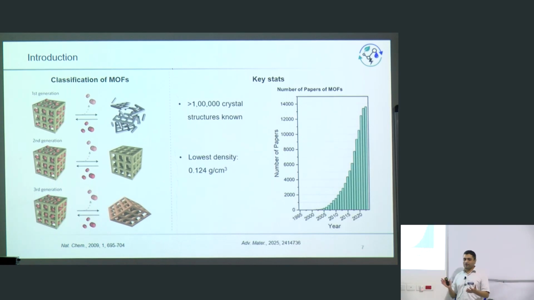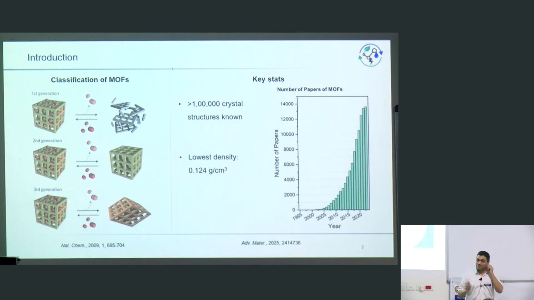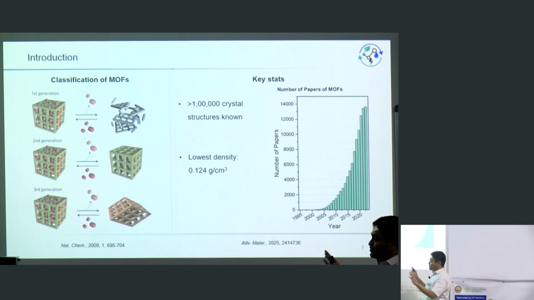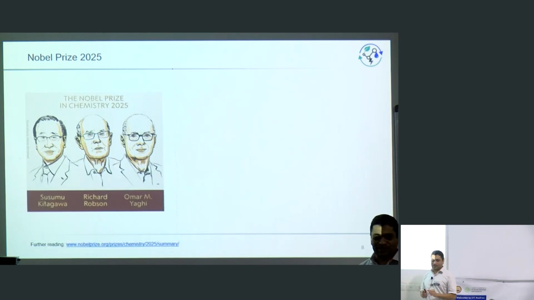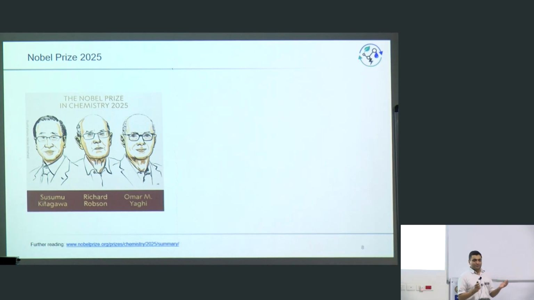That's roughly about 30 to 40 papers every day, which is a lot of papers for one topic, right? So with this very broad introduction, I will quickly touch upon one aspect, which is the Nobel Prize. MOFs are now going to be more popular because of the Nobel Prize awarded to the three of them.